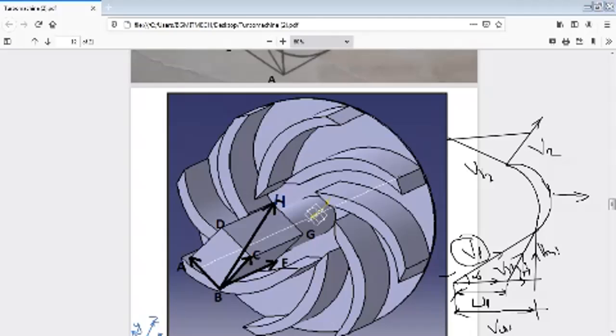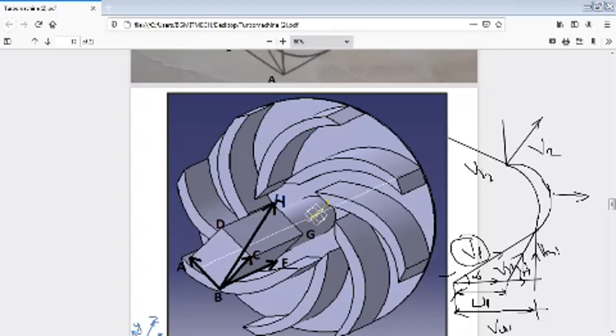Now this V2 has two components, one is the tangential flow component, the other is the radial flow component. The radial flow component will be in the radial direction, and the tangential component will be in the tangential direction.